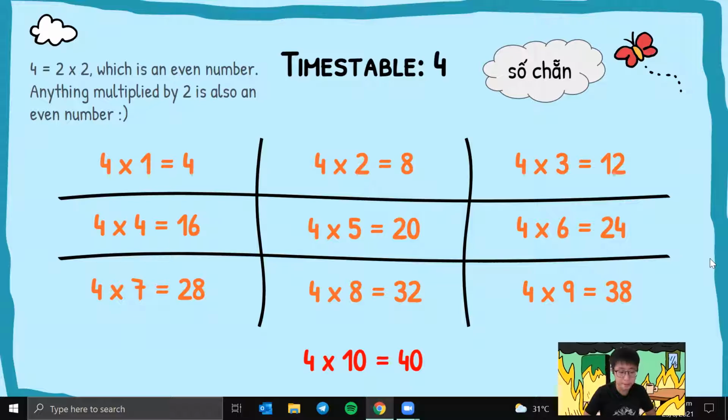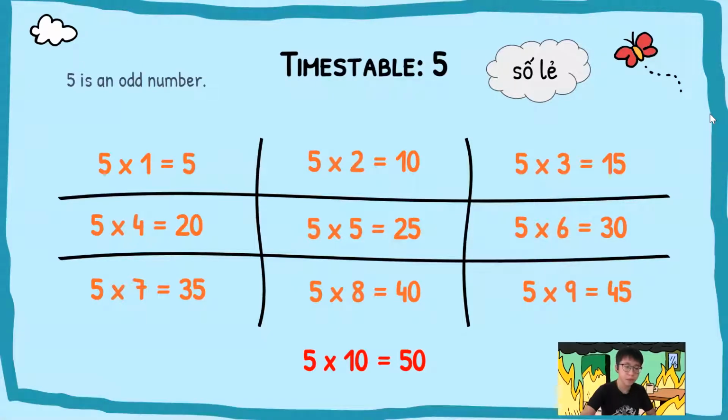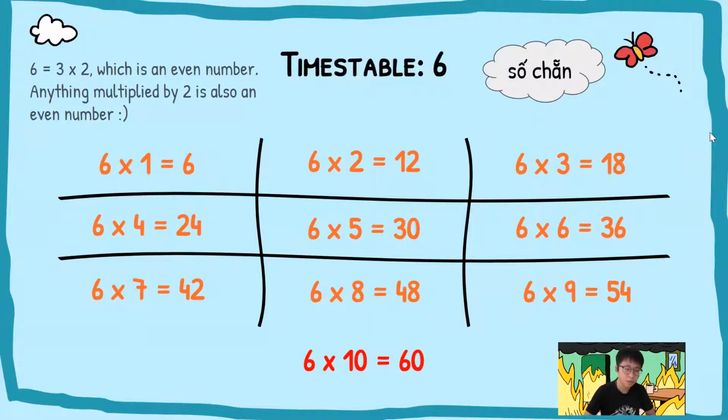So, chẵn. 5 is an odd number. So, lẻ. 6 is the product of 3 and 2, or 2 and 3, or 3 times 2. Therefore, 6 is also an even number.